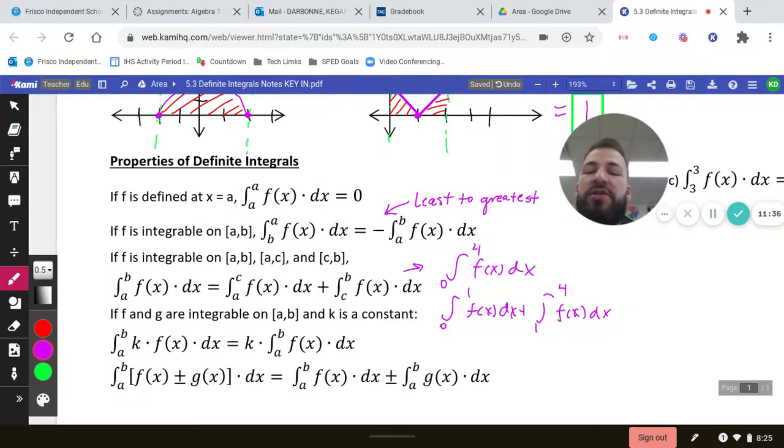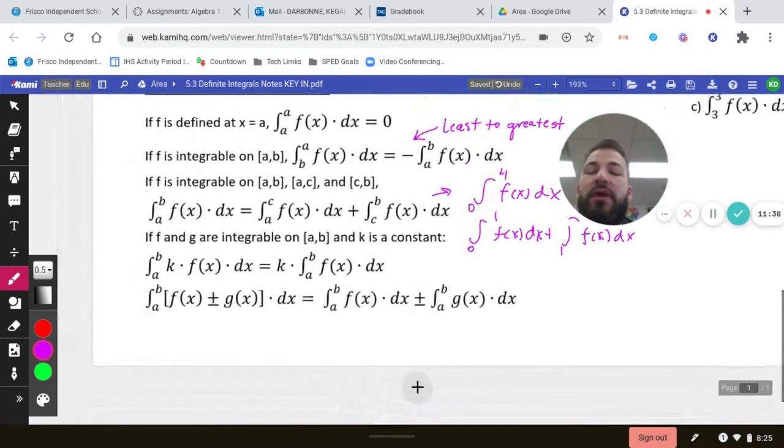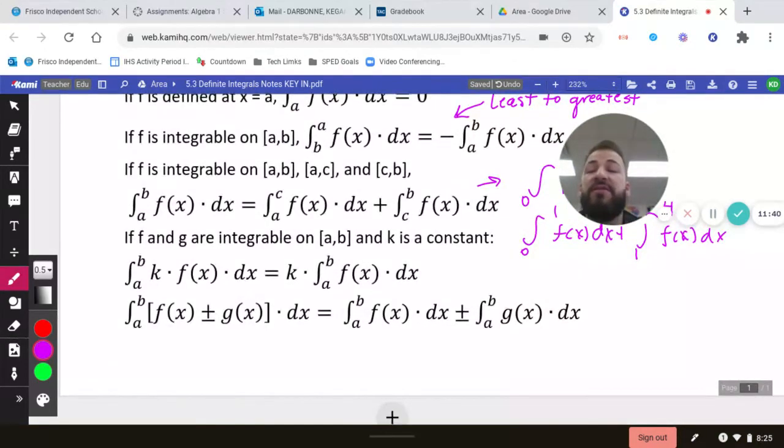And then the last two, y'all, should seem pretty familiar from what we've done with derivatives, because they're basically the same rules. So this is our constant multiple. If I have some constant being multiplied by f of x on the integral a to b, I can just move that constant out because I'm going to ignore it. I'm going to integrate it without really taking into consideration the constant, and then just multiply it back in at the end. So that's pretty cool.